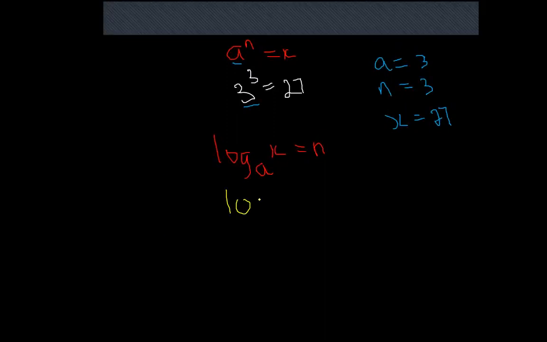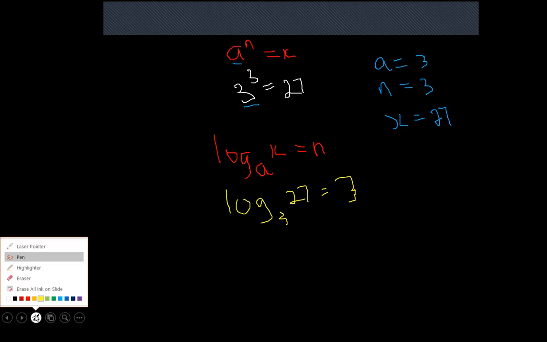So it's log of x, which is 27, to the base a, and we said that's 3, is equal to n, which is also 3. Everybody good with this? Yes, Miss. Okay.